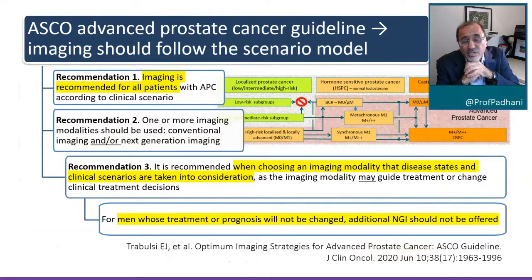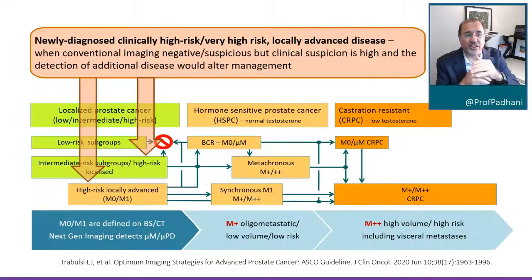Okay, so if we look at the latest ASCO guidelines on the imaging of advanced prostate cancer, they say that imaging should be done. They also say that if the treatment or the prognosis is unlikely to be changed, don't use next generation imaging. Bone scans and CT scans will be fine. Okay, so what are the indications in which they recommend the use of next generation imaging?